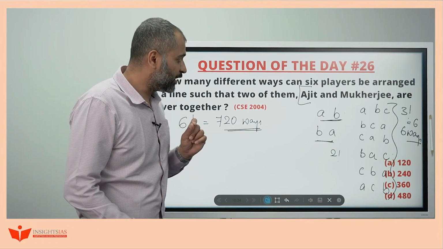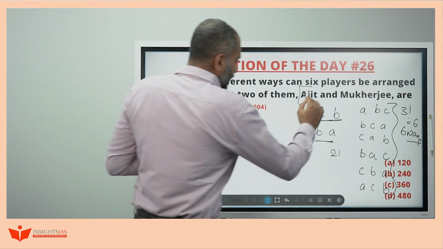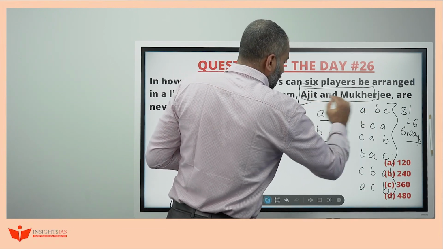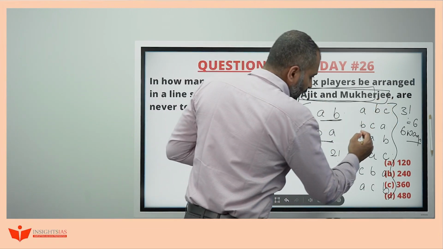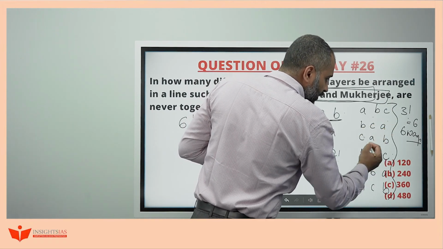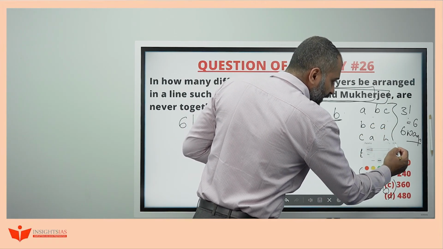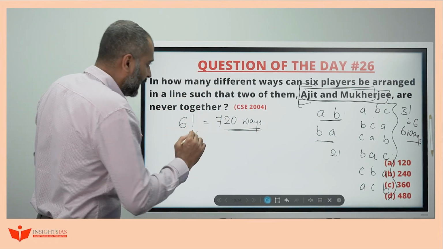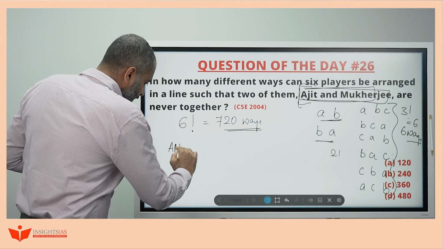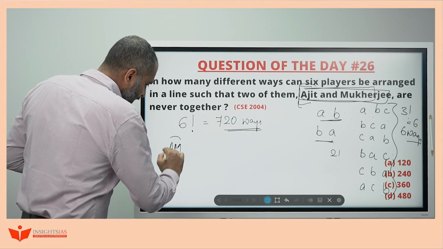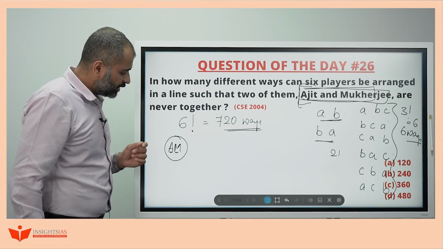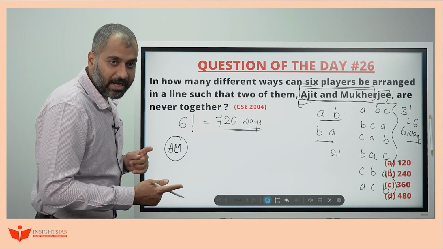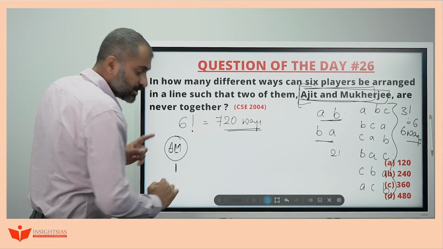Whenever they are always together, in whatever position they go, wherever they go, they might be here, they might be here, they will go together only. Look here now. Hence, Ajit and Mukherjee, A for Ajit, M for Mukherjee, put them together and tie them up and consider them as one person.